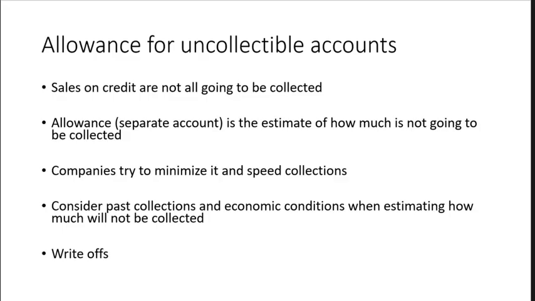So when we create a credit sale, when we have sold to customers, in order to make it more advantageous for them to buy from us, there's going to be the possibility that they are not going to pay all of the amount they owe.